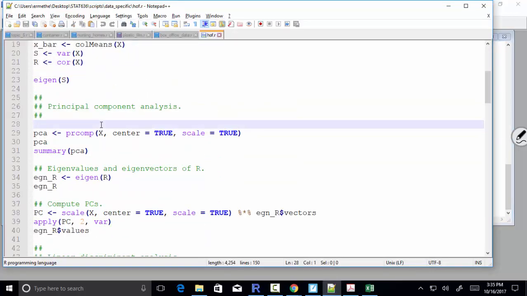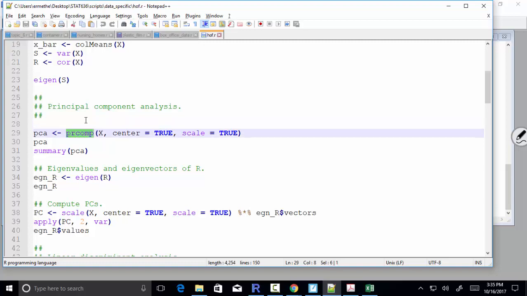Here's principal component analysis. There are 2 functions in R that do principal components. There's one called prcomp, and there's another function called princomp. They both do the same thing, just with slightly different presentation and syntax. But let's try prcomp. What I'm going to do is say, do this thing called PCA, principal component analysis, using our 6 numeric variables.